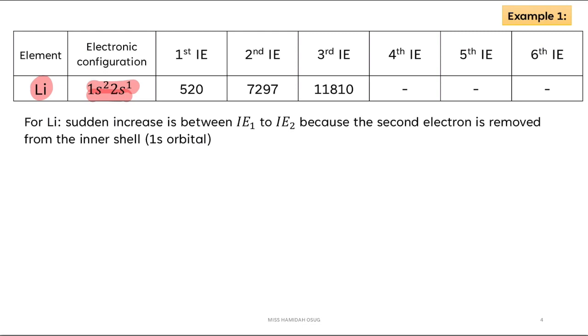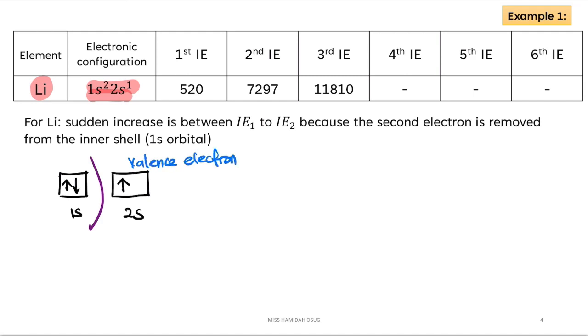When we draw the orbital diagram for lithium, it is as shown in the video. As I told you before, 2s is the valence electron shell, while 1s2 is the inner shell.